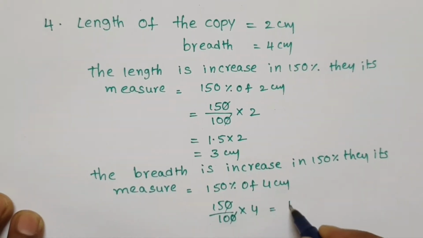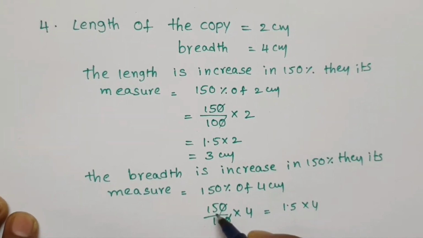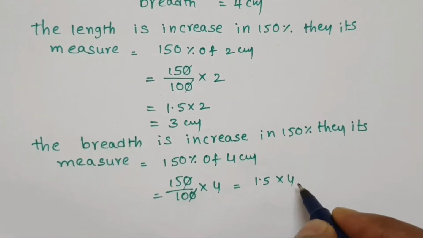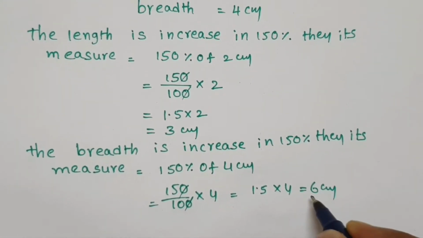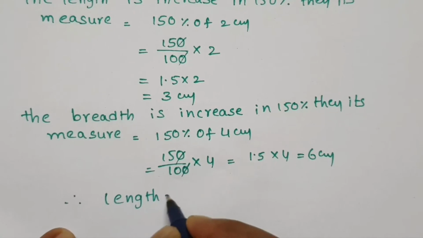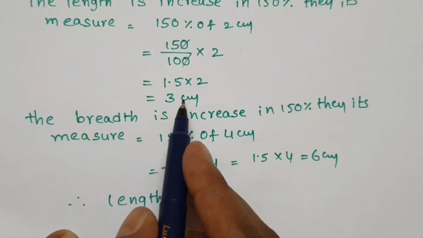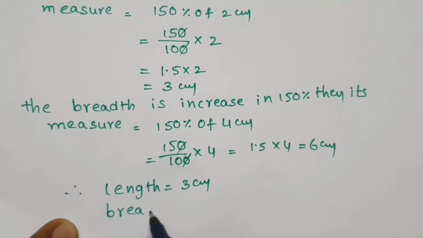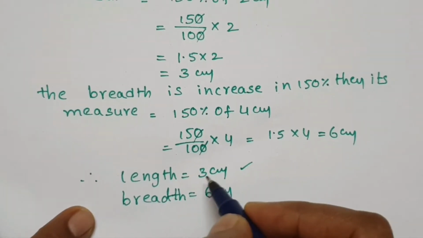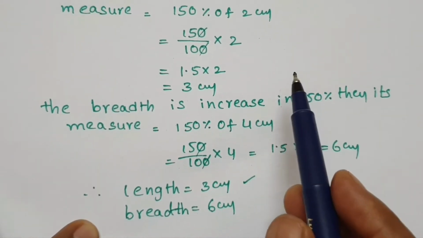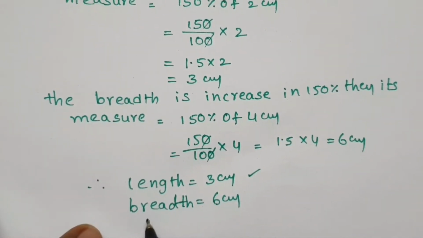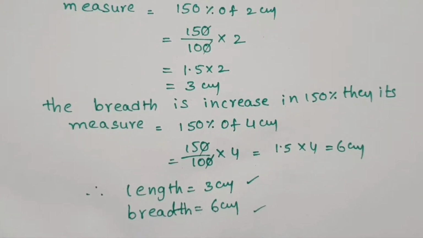Here the zeros get cancelled. 1.5 into 4, we get 6 centimeters. Therefore, the length is 3 centimeters and the breadth is 6 centimeters. So the actual length was 2 centimeters and breadth 4 centimeters. Now, after enlarging, the length equals 3 centimeters and breadth equals 6 centimeters.